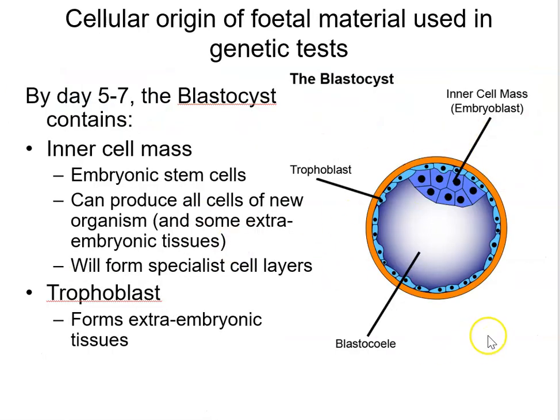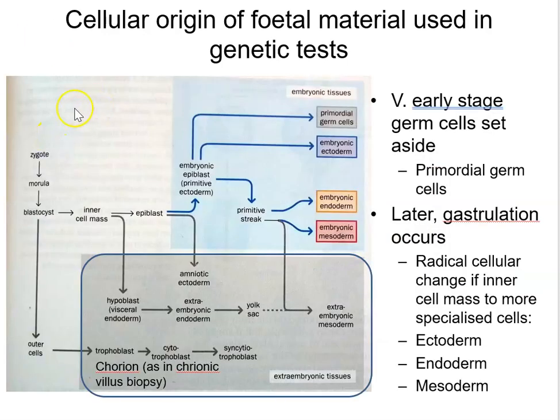So is it shown in a different way? The inner cell mass contains the embryonic stem cells, produces all of the embryo and some extra embryonic tissues, whereas the trophoblast cells here will form other extra embryonic tissues. And this is just shown in more detail from the zygote through to blastocyst.